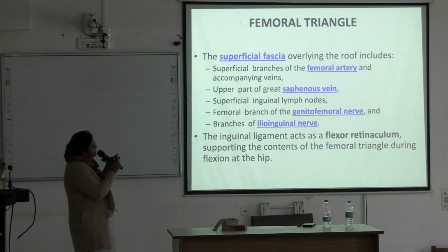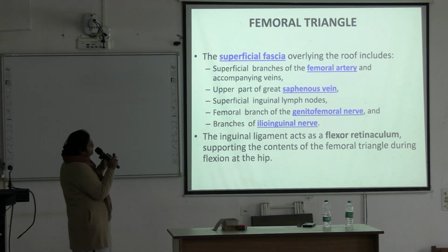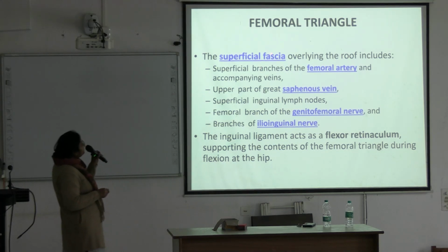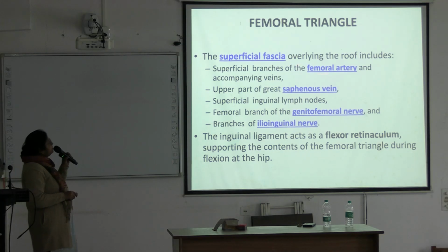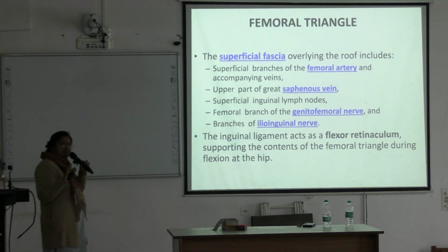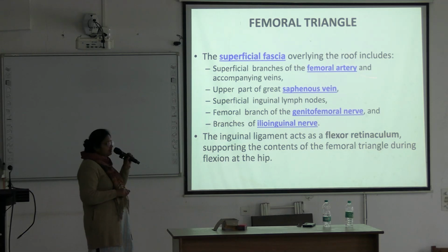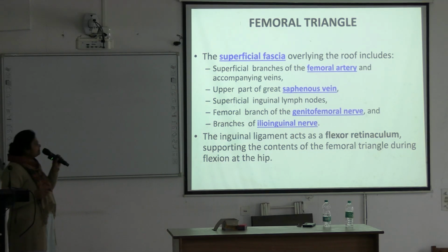Next, we are going to the structures present in the superficial fossa. The superficial fossa, which was forming the roof, includes these structures: superficial branches of the femoral artery. Three superficial branches are there, you have to know. These three branches are located in the superficial fossa, and they are accompanied by veins.